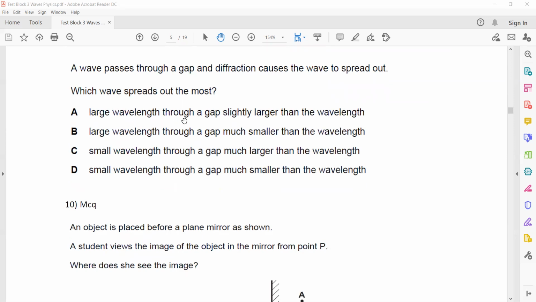When you have a larger wavelength through a gap slightly larger than the wavelength, so when we draw this, the first one, slightly larger, slightly smaller, or equal, in that case, we have a maximum diffraction.